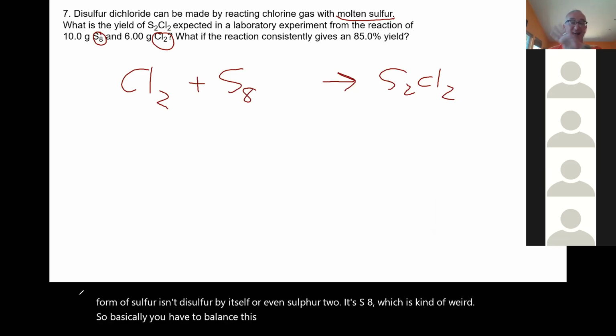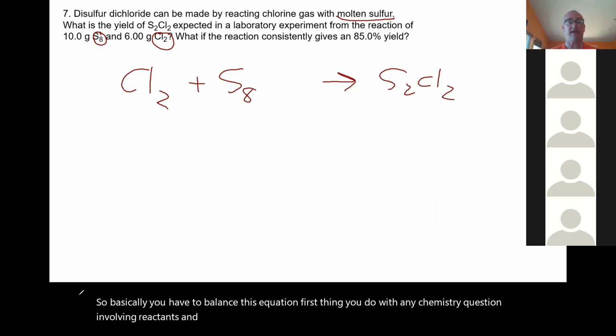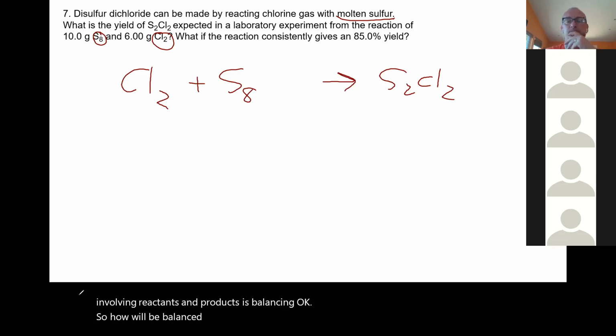First thing you do with any chemistry question involving reactants and products is balance it, okay? So how would we balance that reaction? 4Cl2 for the reactant, and then 8, and then it'll be 4 for the product S2Cl2. All right, so that gives us 4 chlorines, 8 sulfurs.